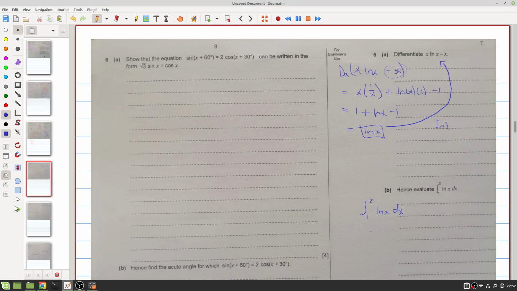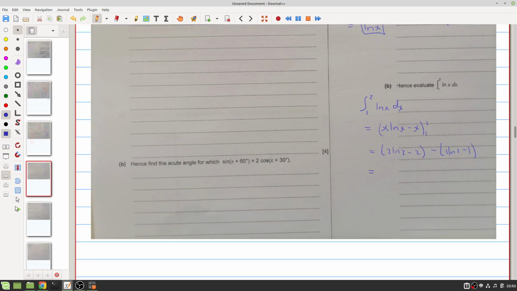So integrating ln x, we get x ln x minus x, and we want to do that from 1 to 2. Okay, so we substitute in 2 first. So 2 ln 2 minus 2 minus, and then we're going to do 1 ln 1 minus 1.